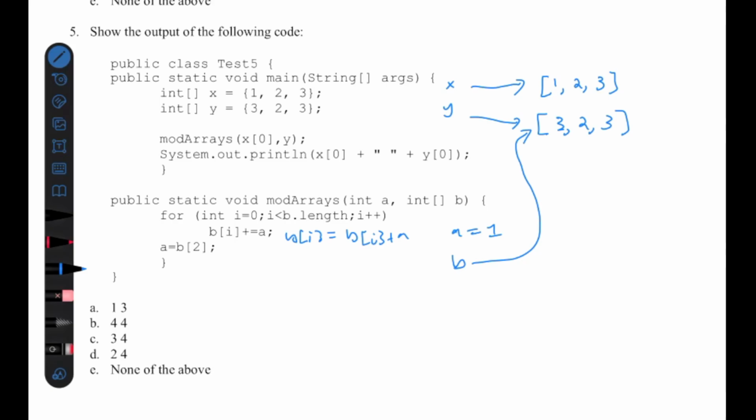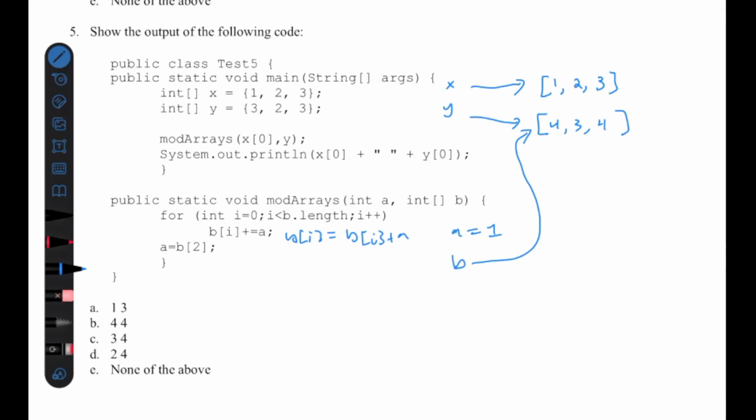So we'll loop through each element and we'll add a, which is 1. So what's going to happen is we're going to get 3 plus 1 is 4, 2 plus 1 is 3, 3 plus 1 is 4. So we get 4, 3, 4. And I'm changing what we are referencing, not some different object stored in b. We get 4, 3, 4.